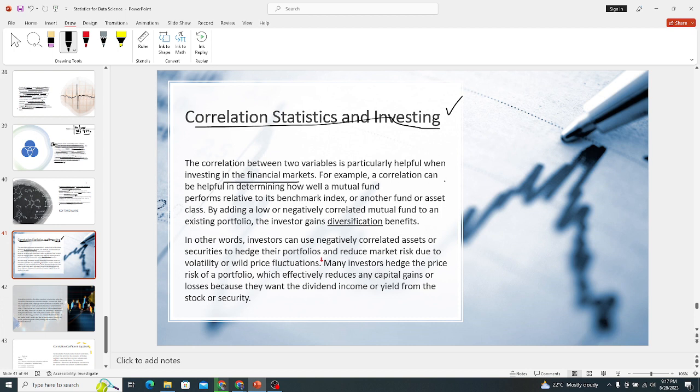For example, a correlation can be helpful in determining how well a mutual fund performs relative to a benchmark index.